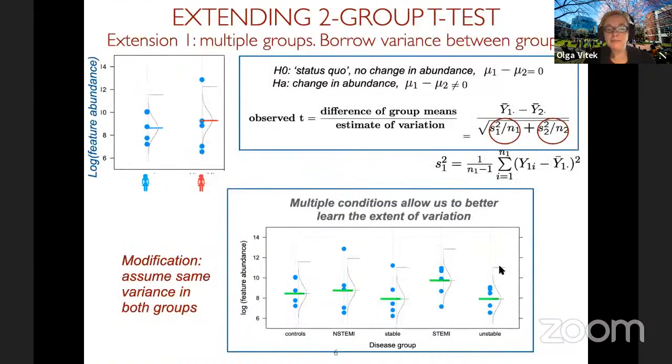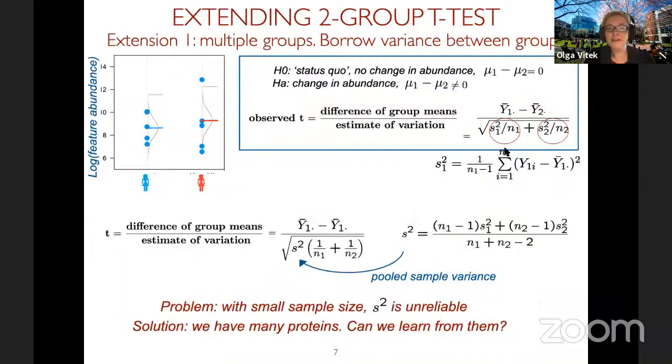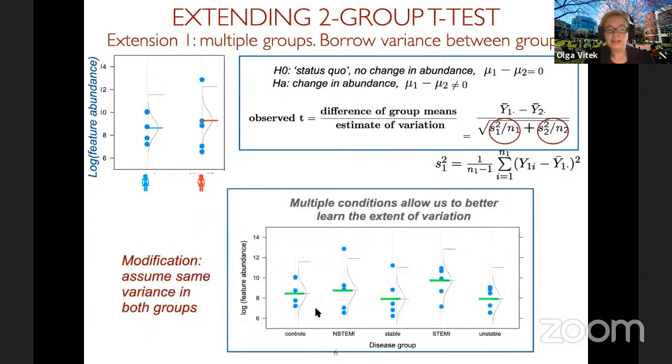Now, when we have multiple groups, it can be very useful to assume that even though each group has a different mean of the protein abundance, the variance associated with each group is actually the same. So now we're making a change: instead of using a separate variance in each group to calculate the signal to noise ratio, we will combine the information from all the groups and have a common shared estimate of the variance across all the groups that we have.